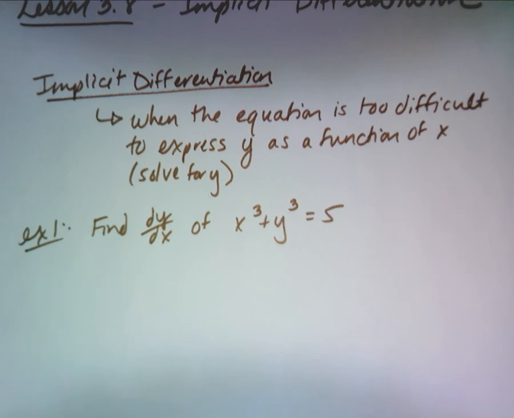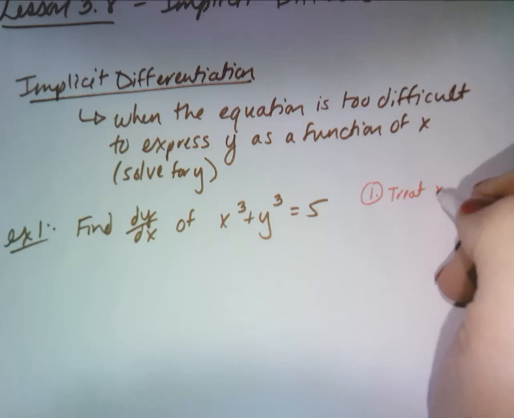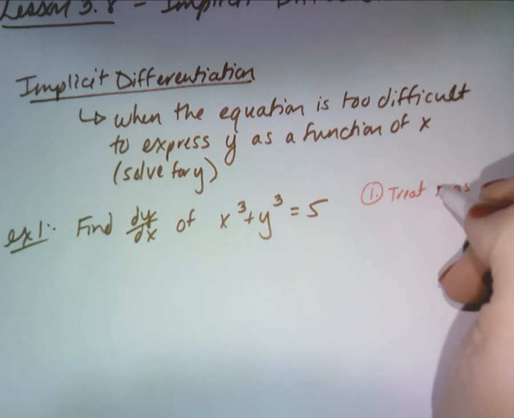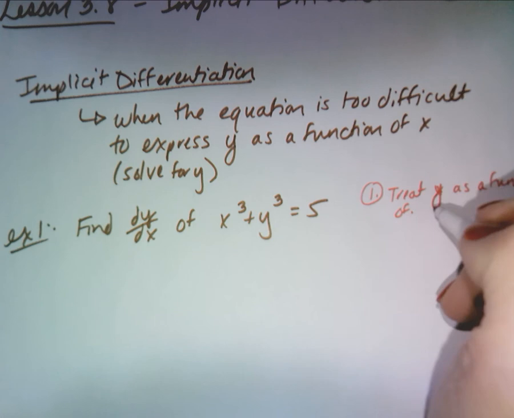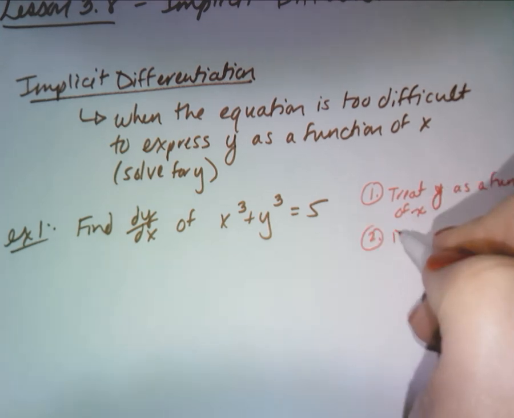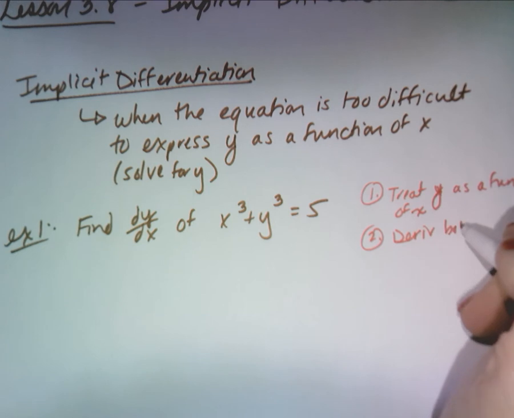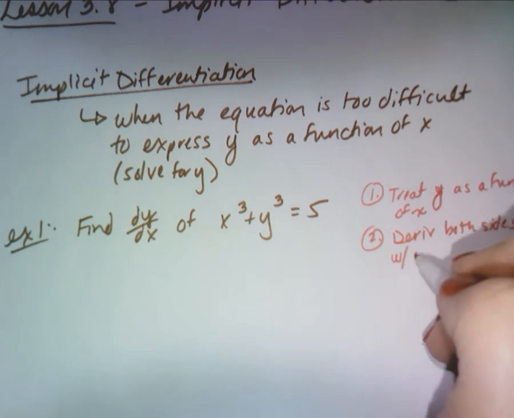So I'm going to write a few little steps down here on the side. I want you to treat y as a function of x. And I'll explain what that means in a minute. You are going to derive both sides with respect to x.